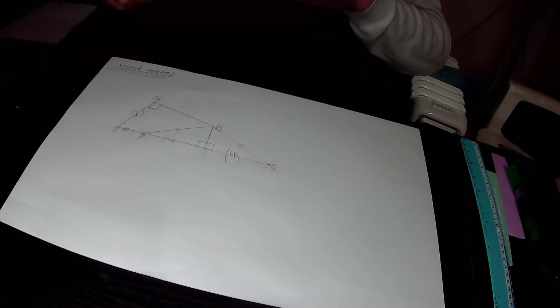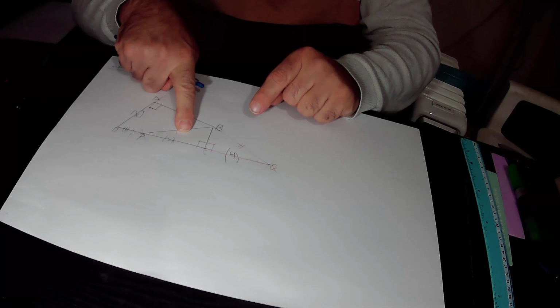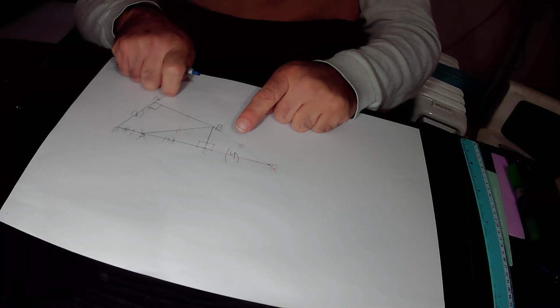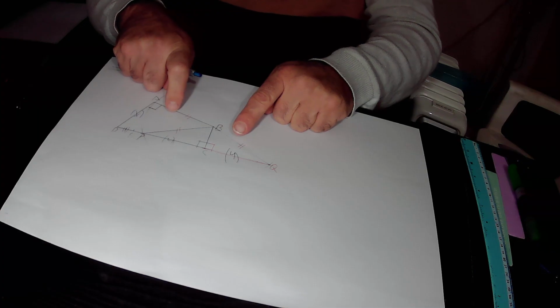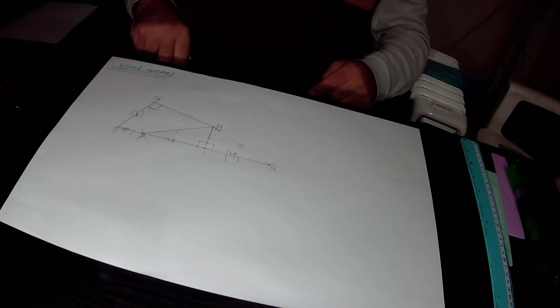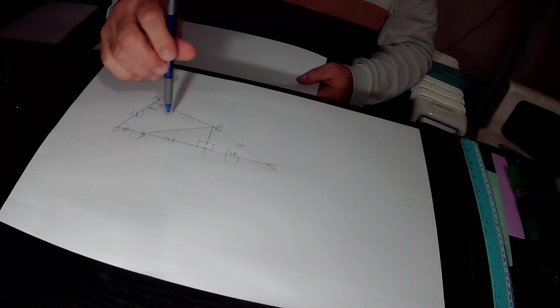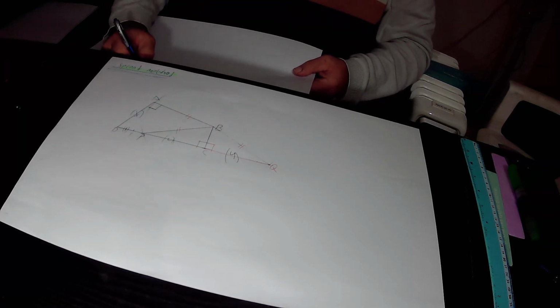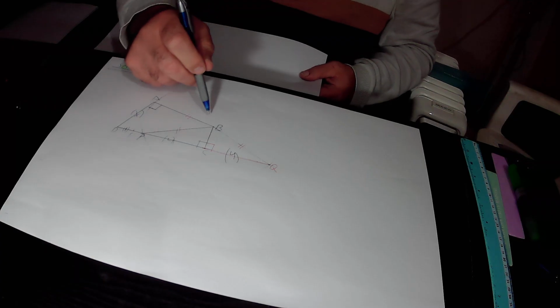So write it down. We have to prove that the right triangle PBC is congruent to this adjacent right triangle BCQ, according to the side angle side rule.